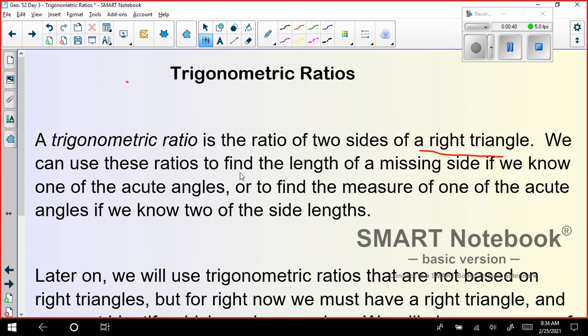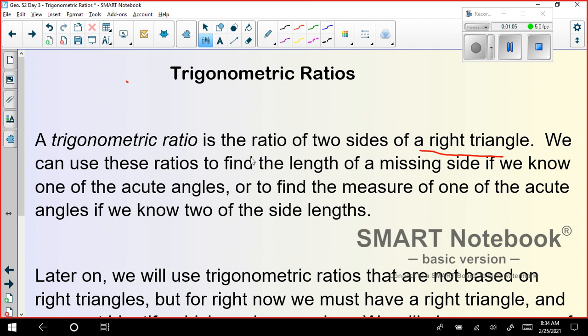We can use these ratios to find the length of the missing side if we know one of the acute angles, or to find the measure of one of the acute angles if we know two of the side lengths. For this unit you will need a calculator.